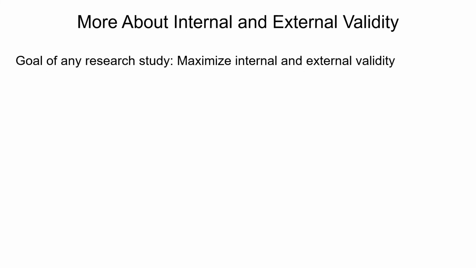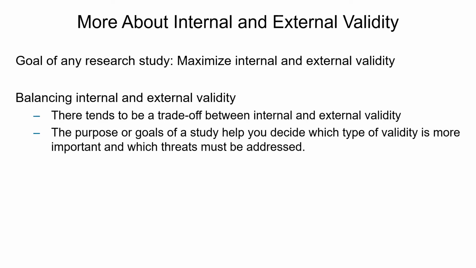So again, the goal of any research study is to maximize both internal and external validity. Even correlational research, you want to maximize as much as you can internal and external validity. However, there is a balancing act that needs to be done, because trade-offs are present. There's the problem.